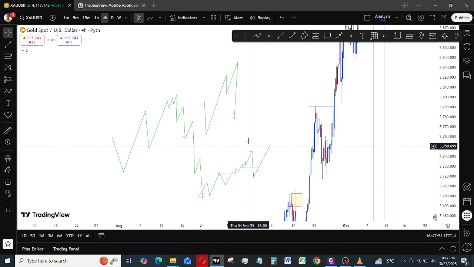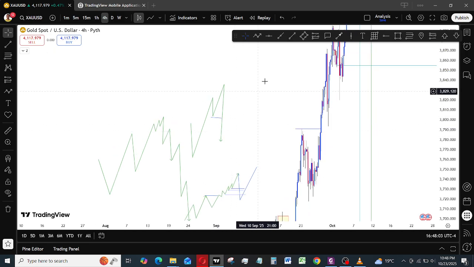But if I only see something like this, I call this 99% a sweep of liquidity for the market, guys, to move in the opposite direction.